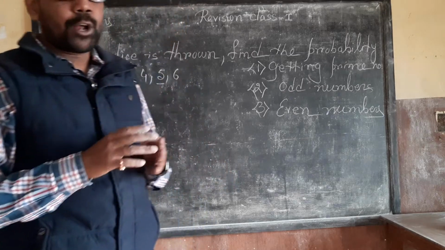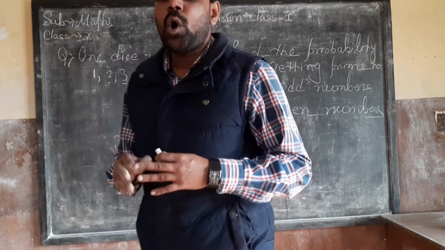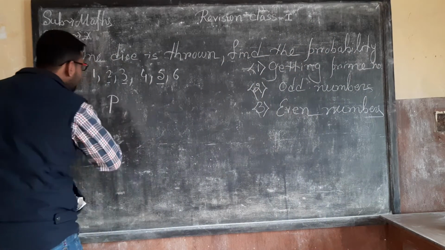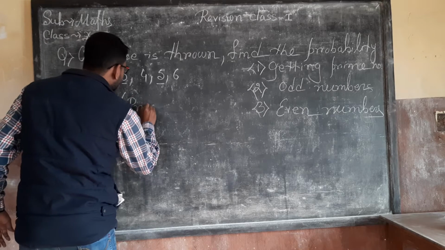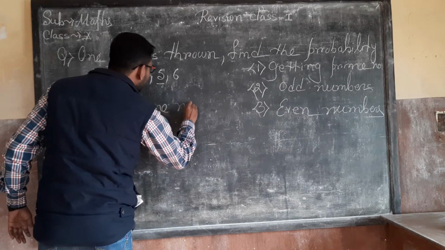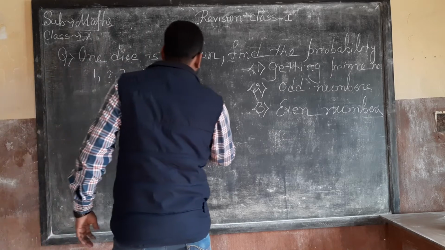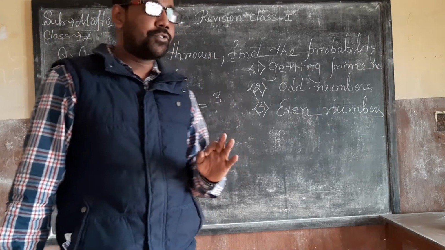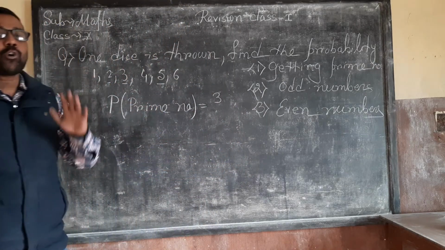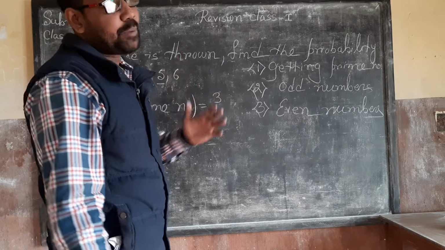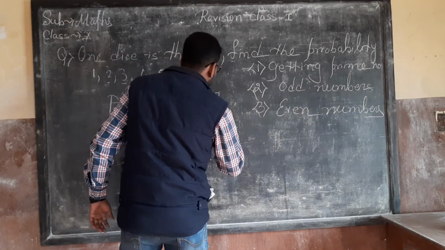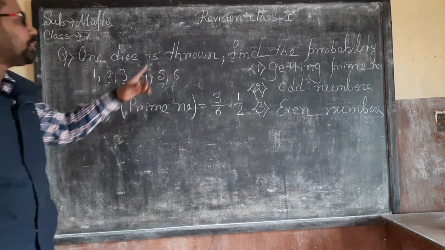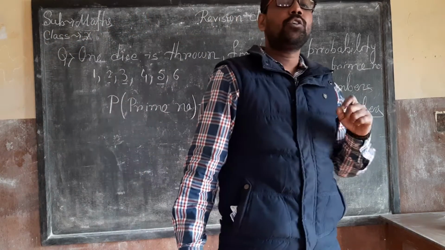So the total number of favorable outcomes of this event is 3, and the total number of possible outcomes of this experiment is 6. That means it is reduced to half. So this is the answer for the first part of this question.